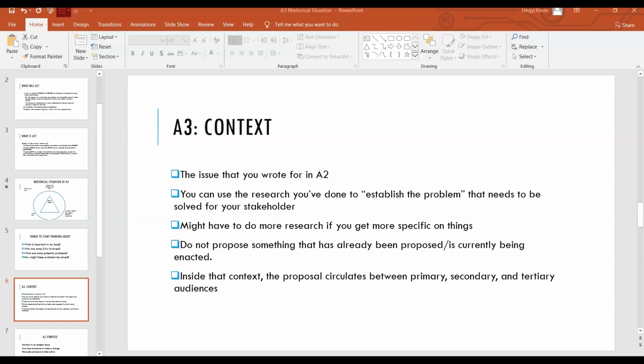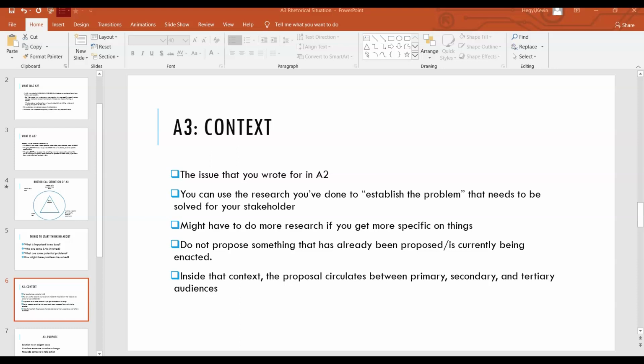You might need to find out why one company is not implementing wind energy, and you could propose that they implement it. That's just a very broad example. But you need to find a problem inside your issue that's specific and real, and that your stakeholder can solve. You might have to do more research.